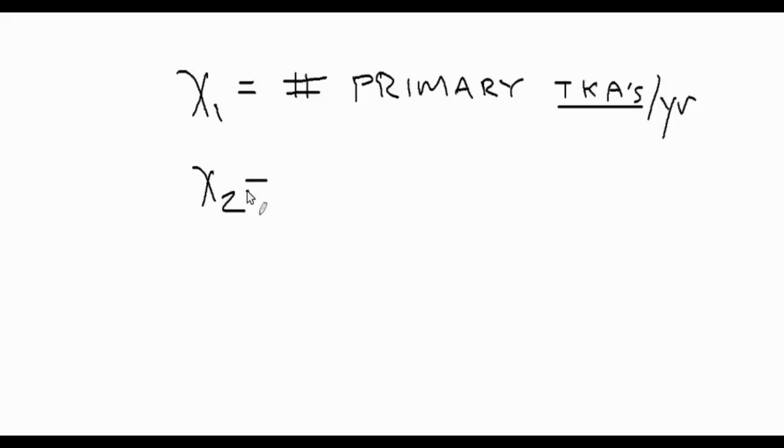Now, x sub 2 is the number, again, of primary, but this time it's THAs, which stands for total hip arthroplasty or total hip replacement. And this is again per year. So x1 is the number of primary total knee arthroplasties per year performed in this hospital, and x sub 2 is the number of primary total hip arthroplasties performed per year in the hospital.